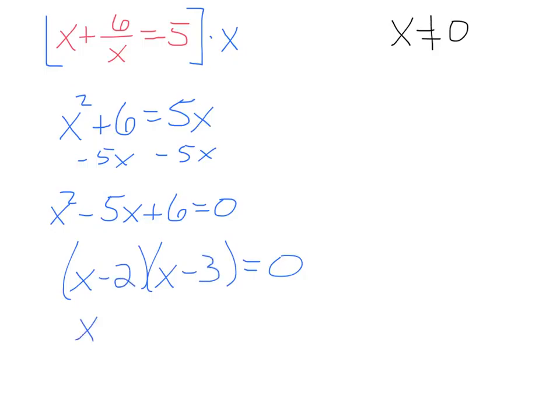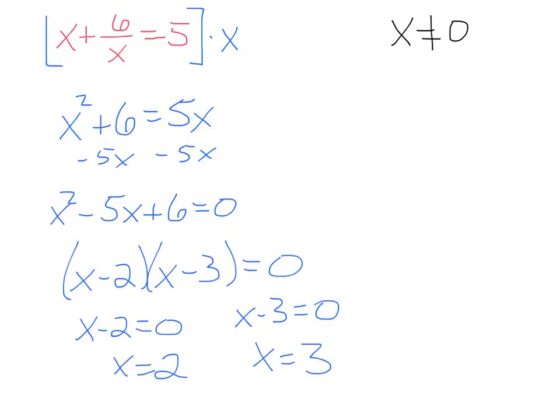We'll set both of those equal to 0. Add 2, so x is 2. Add 3, and x is also 3. Check. That's not part of our restrictions, so in fact, these both are the answers.